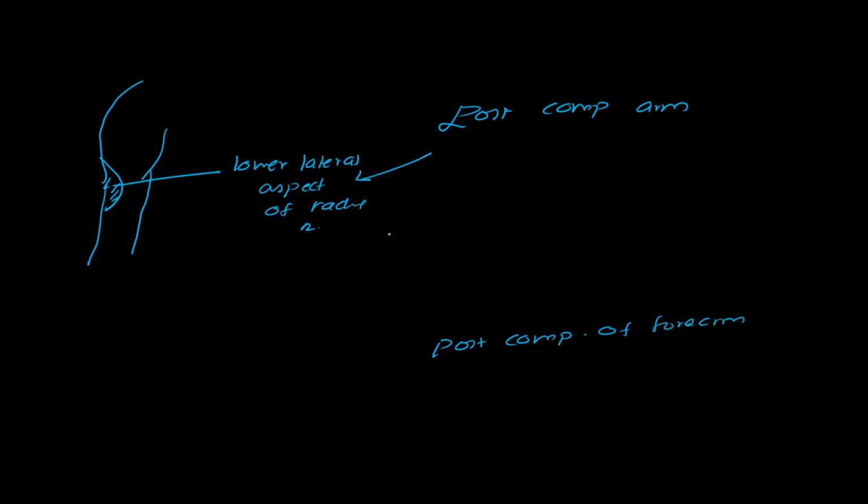In addition to this, there's another cutaneous nerve, which is given the name posterior cutaneous nerve of the forearm. As the name implies, it provides innervation to the posterior aspect of the forearm.